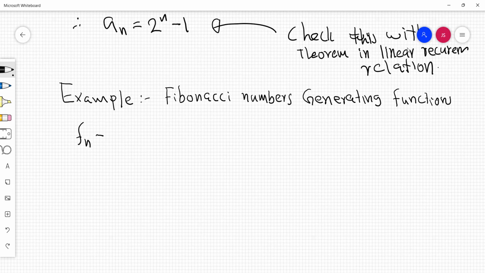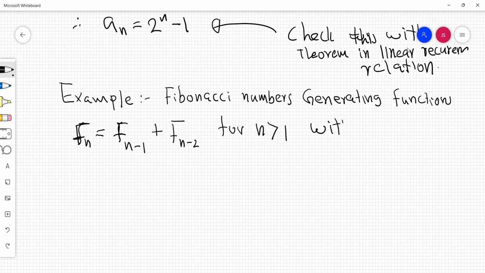F_n equals F_(n-1) plus F_(n-2) for n greater than 1, with F_0 equal to 0 and F_1 equal to 1. Those are the initial conditions.